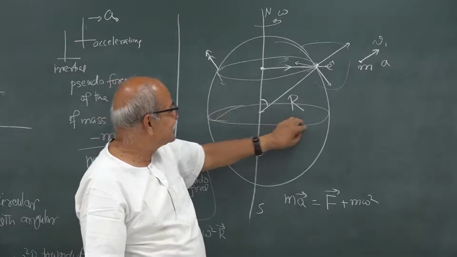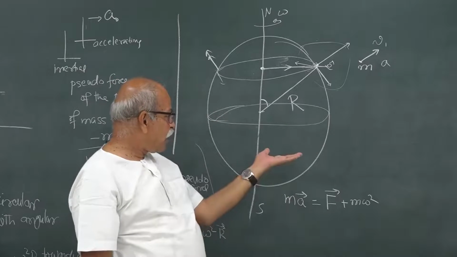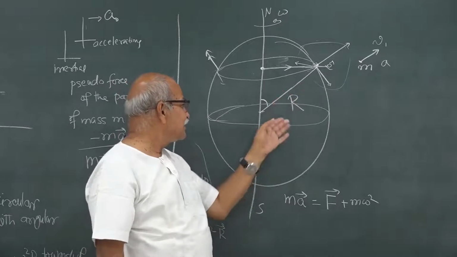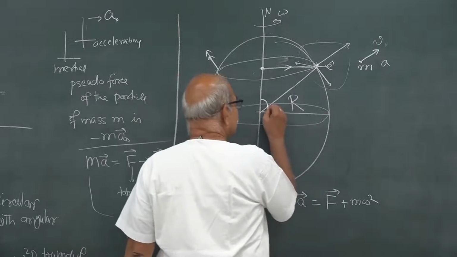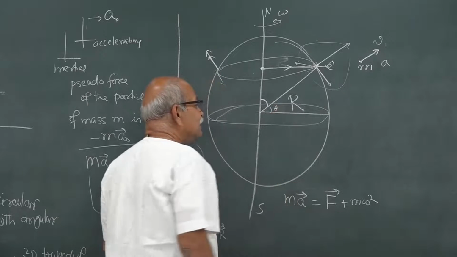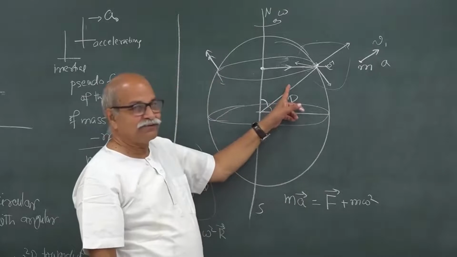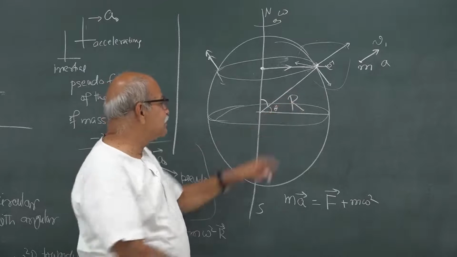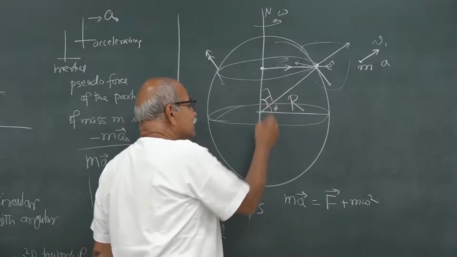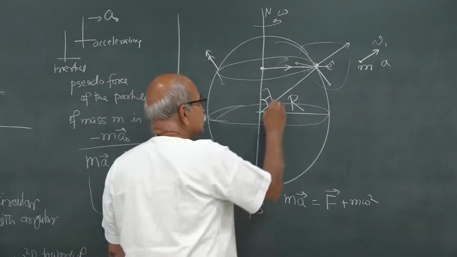Okay, the latitude is 0 if you are here, and if you are above the equator, then this angle, how much above you are going, is known as latitude.